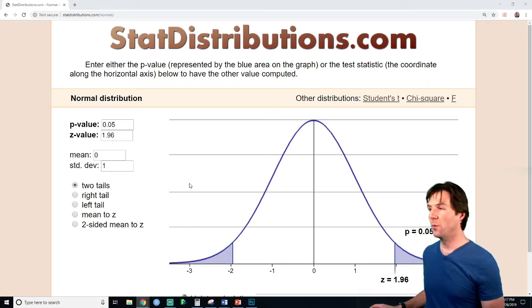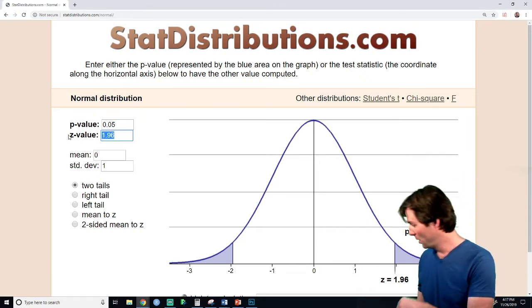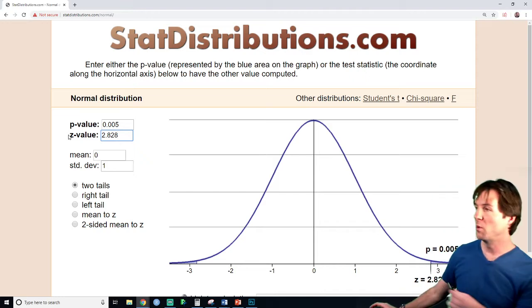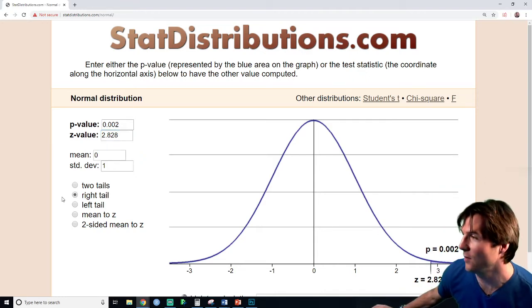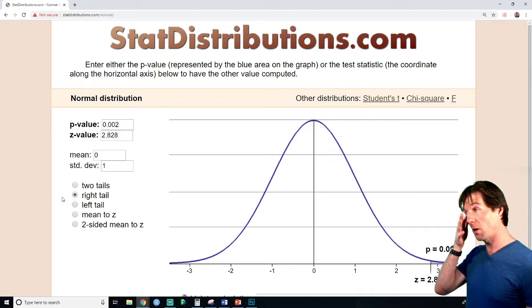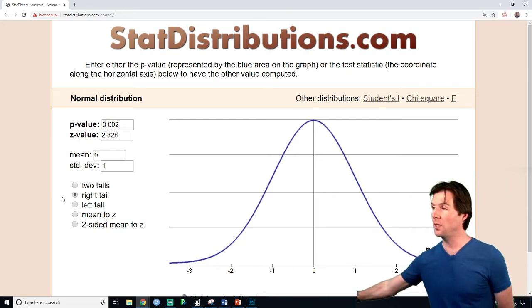If you remember my z-score, I'm going to put in my z-value of 2.828. Then I'm going to move out of the way slightly. We're going to go to right-tailed test. If you look, my p-value is 0.002.